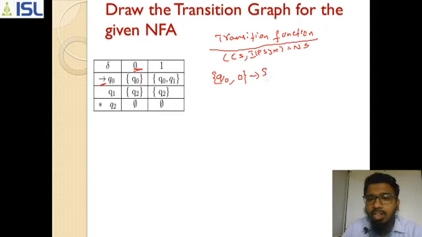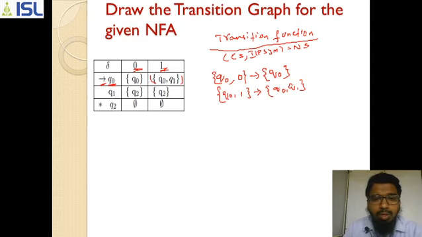We are getting Q0 itself. Now the next one is Q0 comma 1. What is the answer for this? If the input is 1 at Q0, we are getting Q0 comma Q1.